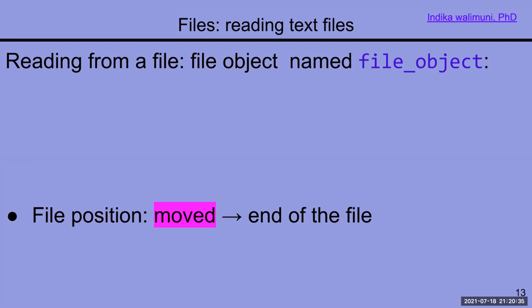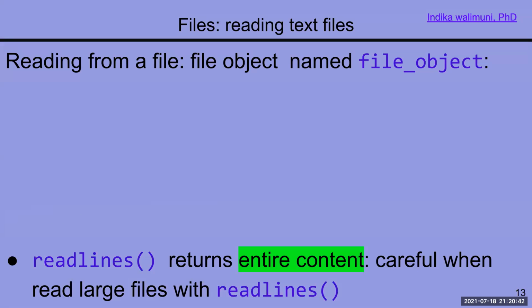But here it's going to be an entire list of lines. So the file pointer is going to be at the end of the file. Okay, so readlines. So basically the entire content again is going to get read. So again you have to be careful. Okay, so you can also pass a parameter to readlines as well. So we can see how that works too.